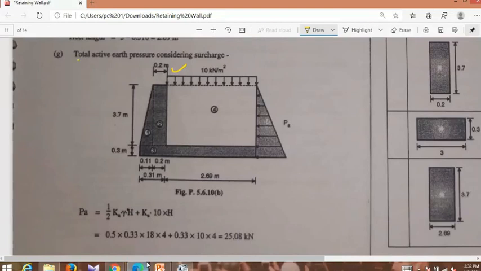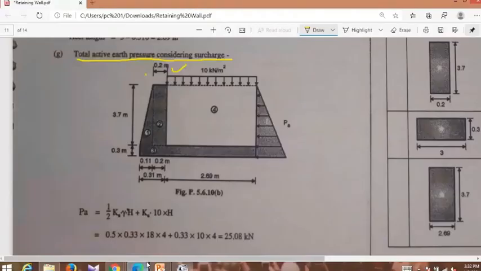The next step is to calculate the total pressure load. So mention all the dimensions. After that, just divide. See, this is a combination of rectangle and triangle. Okay, then just divide it into section 1, 2, 3, 4.